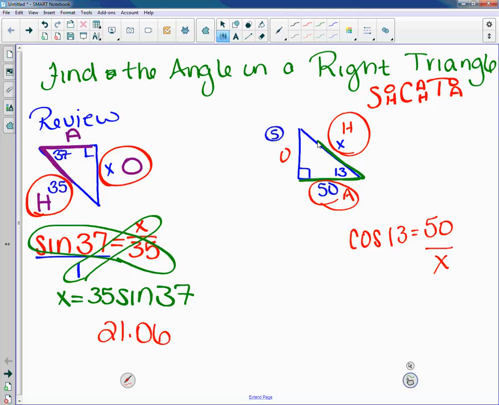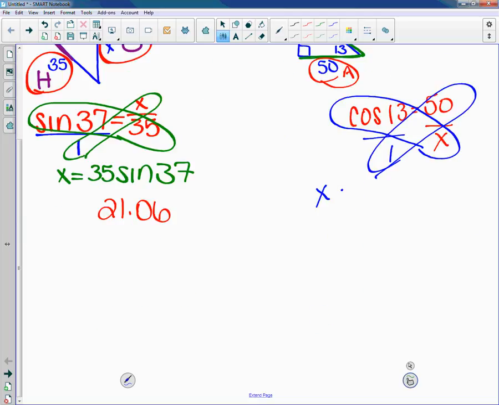All right, so if we put it over 1, watch what this is. This is why we did this, because it's a little different. Always start with the one that has the x. This would be x cosine of 13 is equal to 1 times 50, which is 50.